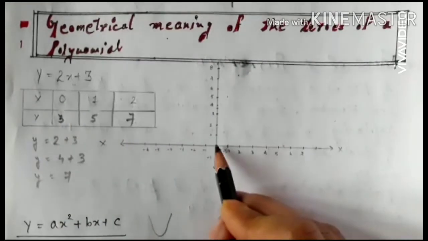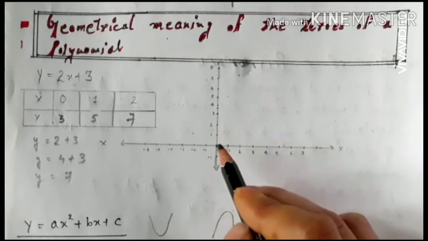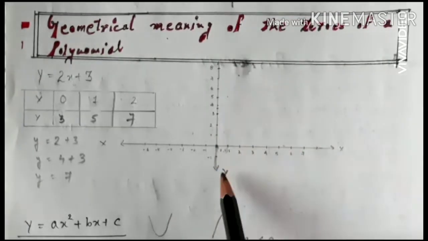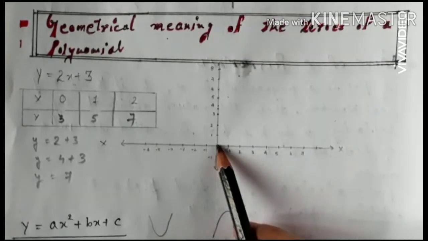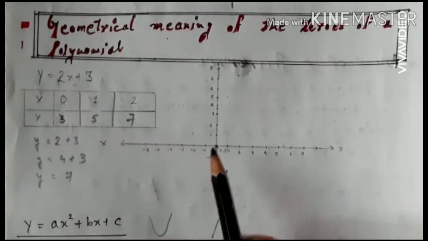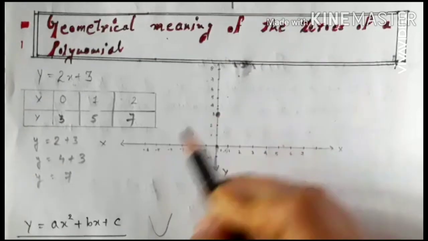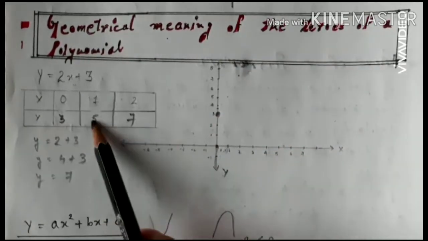You will do it on graph paper. This is your x-axis and this is your y-axis. This point is the origin, 0, 0. The first point is 0 and 3: x is 0, y is 3. The second one is x is 1 and y is 5.